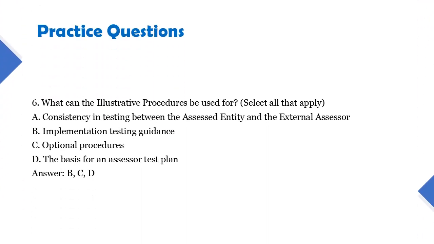6. What can the illustrative procedures be used for? Select all that apply. A. Consistency in testing between the assessed entity and the external assessor. B. Implementation testing guidance. C. Optional procedures. D. The basis for an assessor test plan.